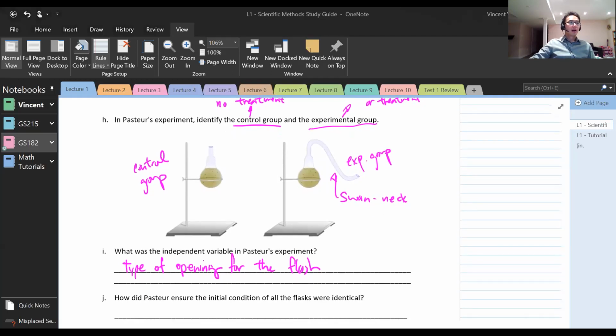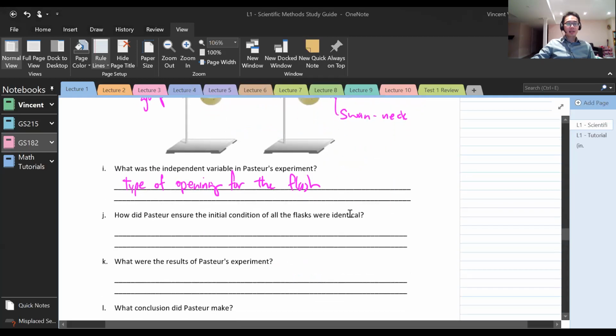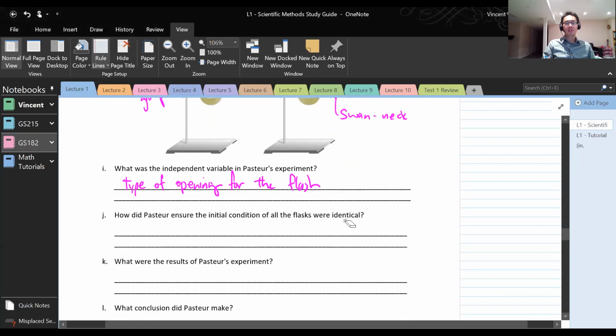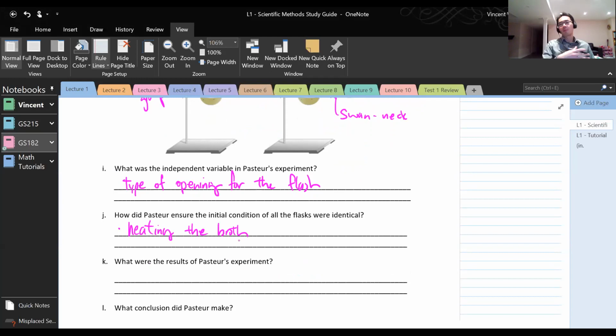Next question, how did Pasteur ensure the initial condition of all the flasks were identical? Well, he sterilized the broth, right, by heating it. So heating the broth to kill off everything. So later on, if you look at it and you see some microorganism, it was not from before.